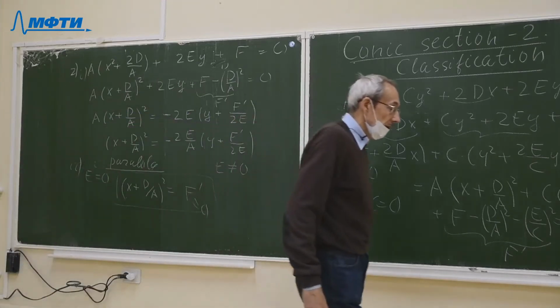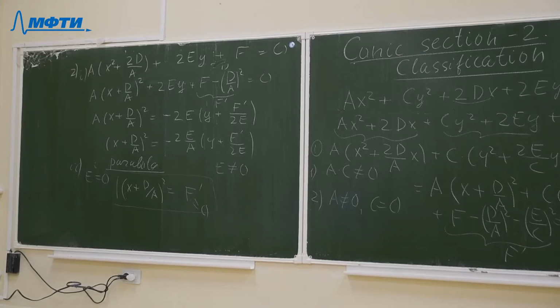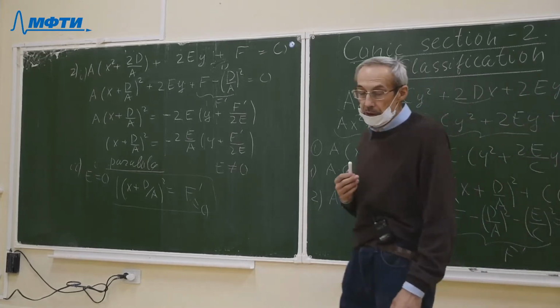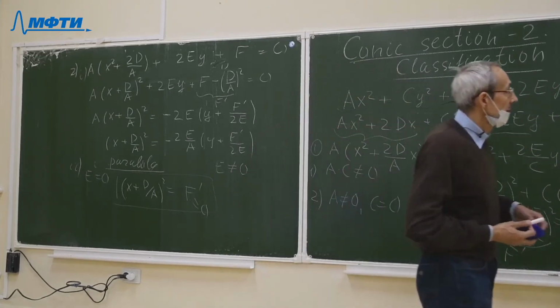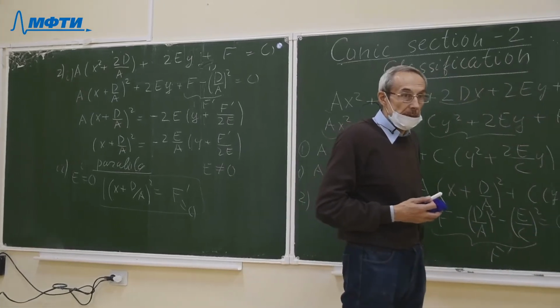And we obtain all cases for the curve of second order. But we supposed that the coefficient b is equal to 0. Now we consider the general case, and using a rotation transformation, we reduce this general case to this partial case.